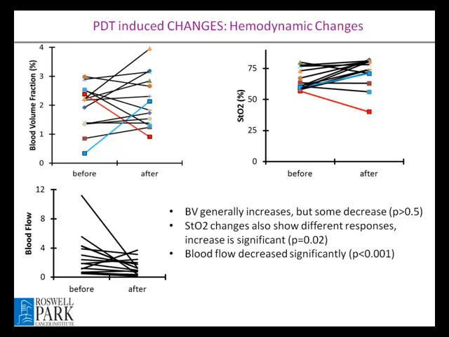The blood flow decreased much more significantly. Oxygen saturation change was also significant. Blood volume change wasn't significant, but it is really affected by the lesion type, I believe. So we need to discriminate and divide the groups that will be provided later by the clinician, which is one of the aims, whether we can predict the treatment.